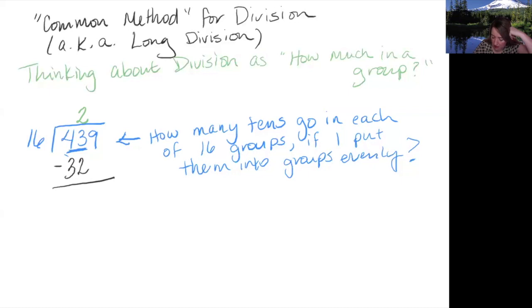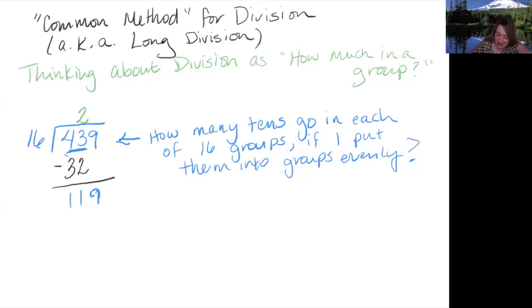And now I have 119 left over. I actually have to think about this in such a way that I need to break up all 119 into ones. We've already distributed as many tens as we can.